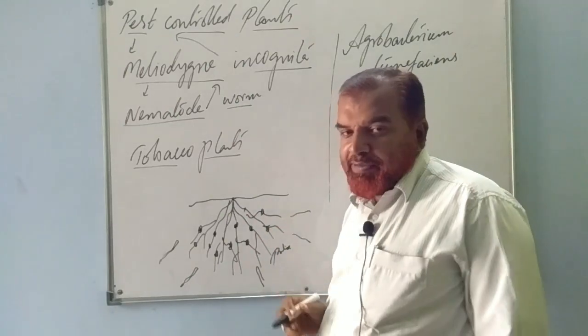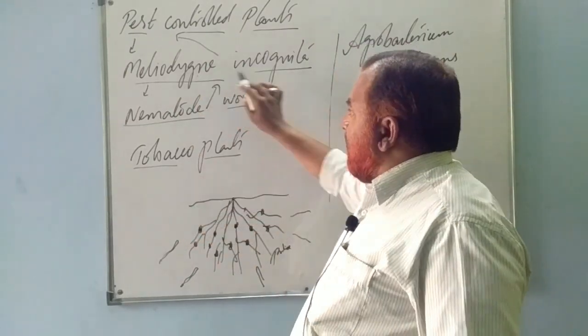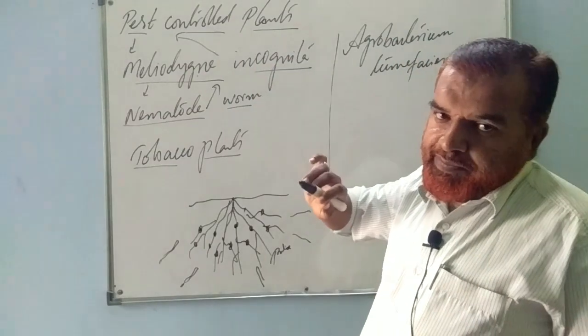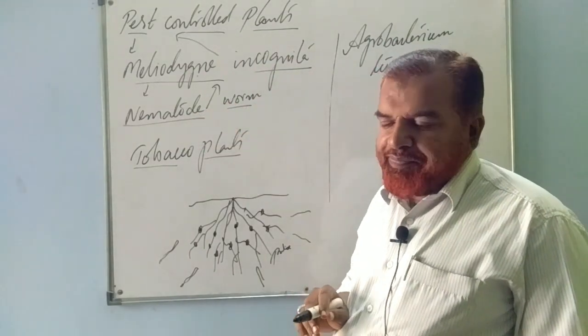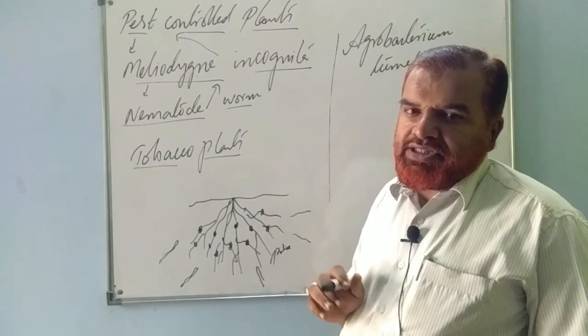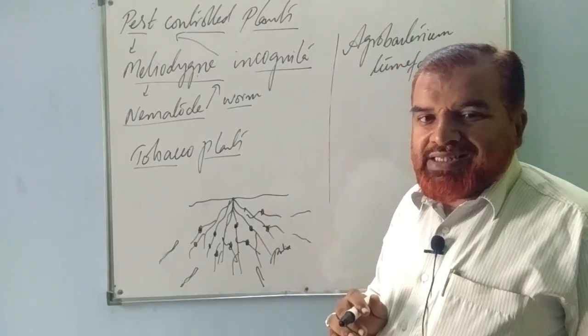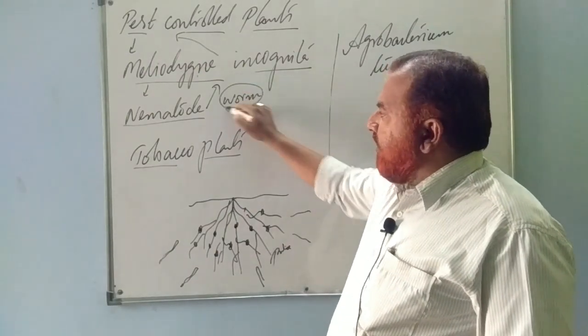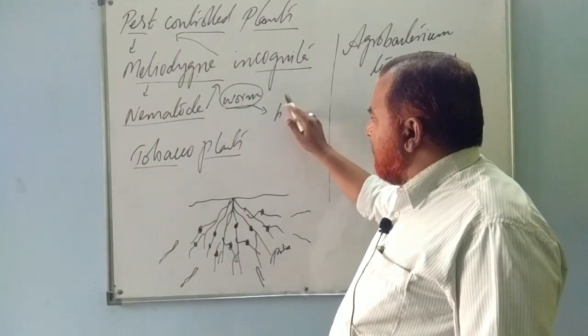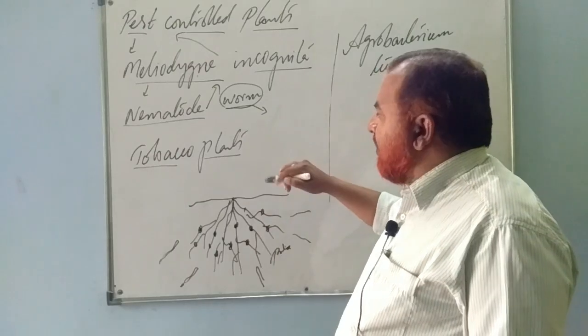How does this happen? Nematode incognita is a pest. What kind of pest? It's a nematode. What do you mean by nematode? Nematohelminthes. It belongs to class Nematoda of phylum Aschelminthes. It's a worm. It is present in the sand, in the soil, surrounding the roots.